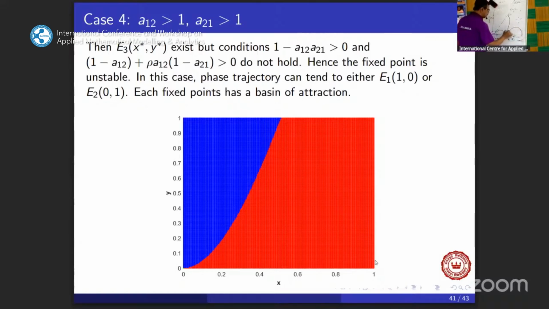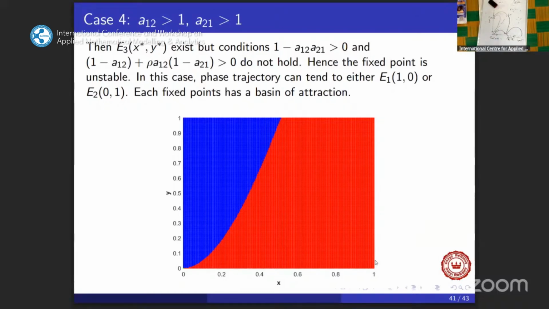If the initial point is here, we get this result. That is, from the initial population, we get a separating line, and on either side of this line the population goes to either E1 or E2. That is, we get two basins of attraction. That's why I have written this in red and blue color.